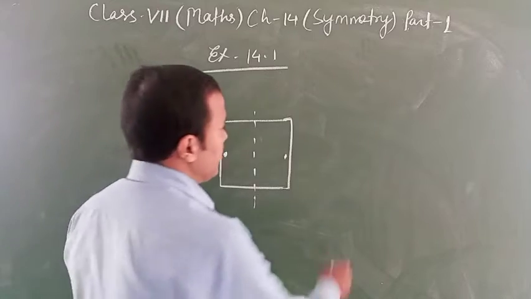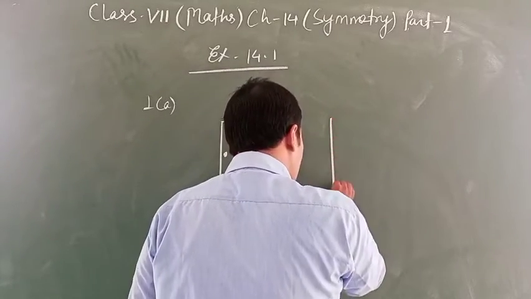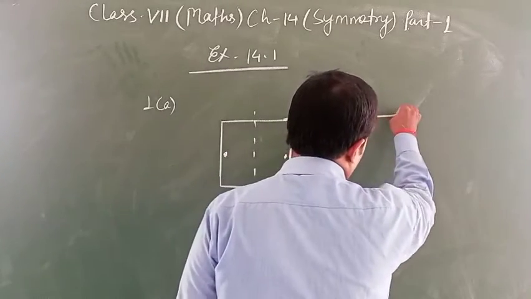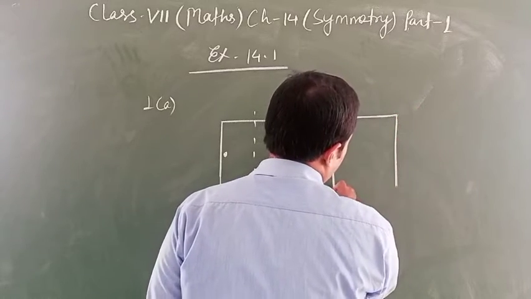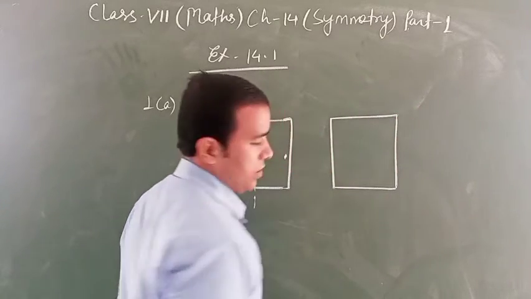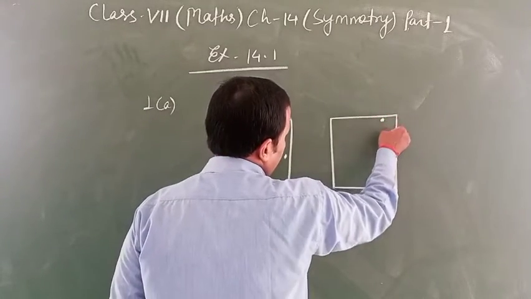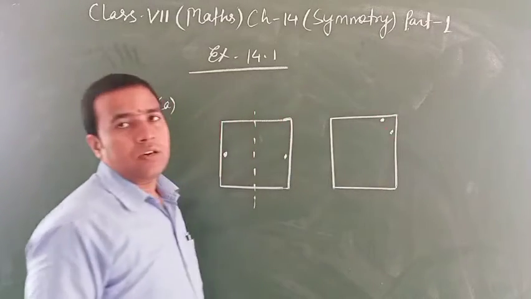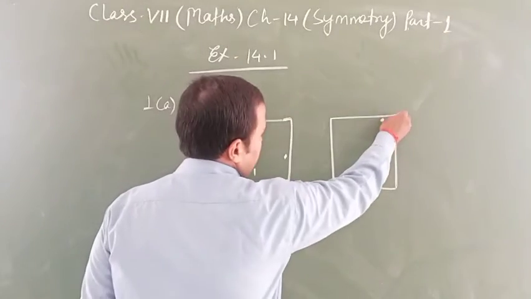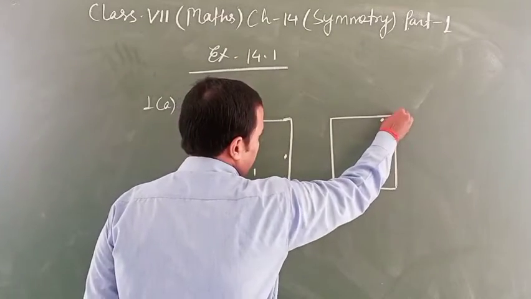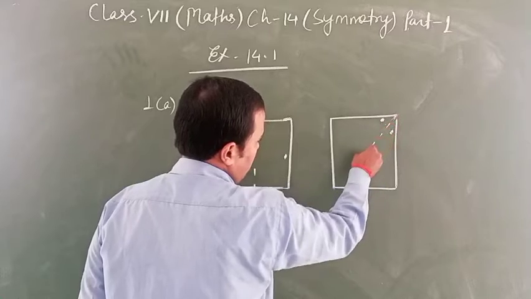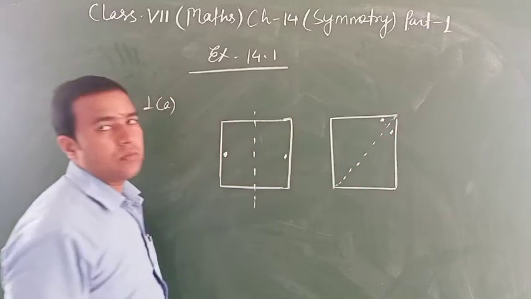Second one is given. In this question we will see where the punch is given. Clear? Here two punches are given. One punch is here and one punch is here. So we make a line of symmetry. It is a line of symmetry.